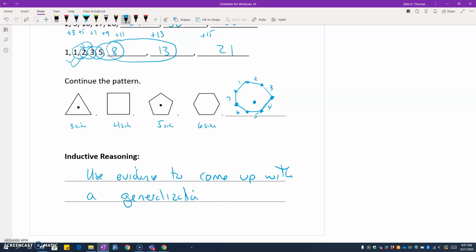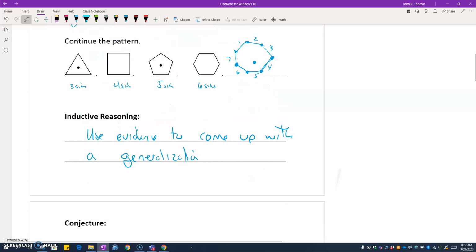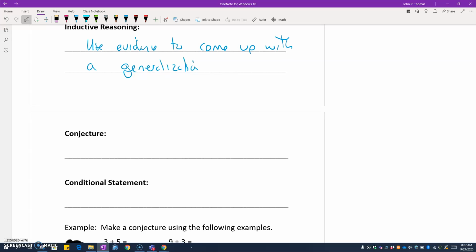Now, this can be right. It could also be wrong. We're basing things off evidence, so we're making a prediction about the future. The conjecture is basically the prediction, the generalized finding that was based on inductive reasoning.